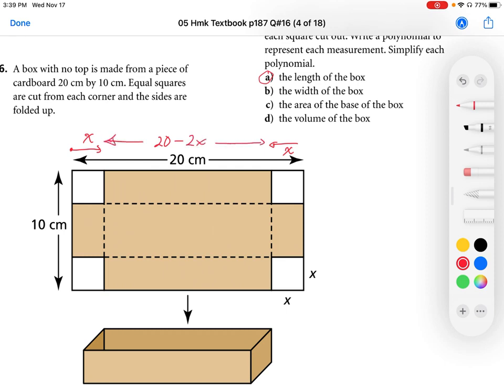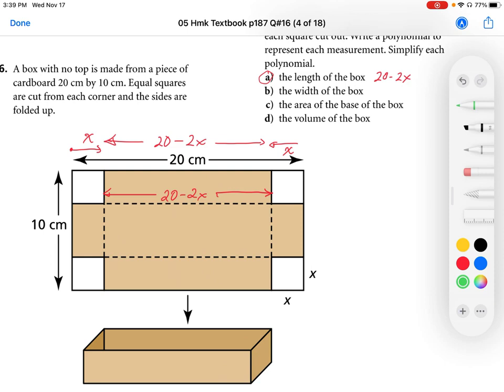I'm going to write that inside here. 20 minus 2x is going to be this edge and this edge.